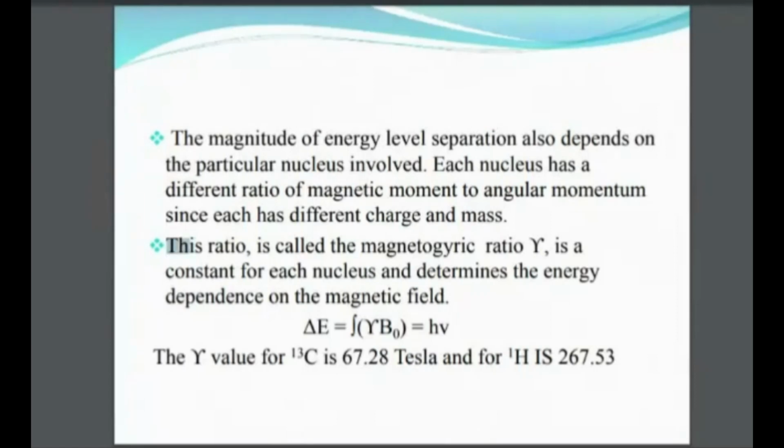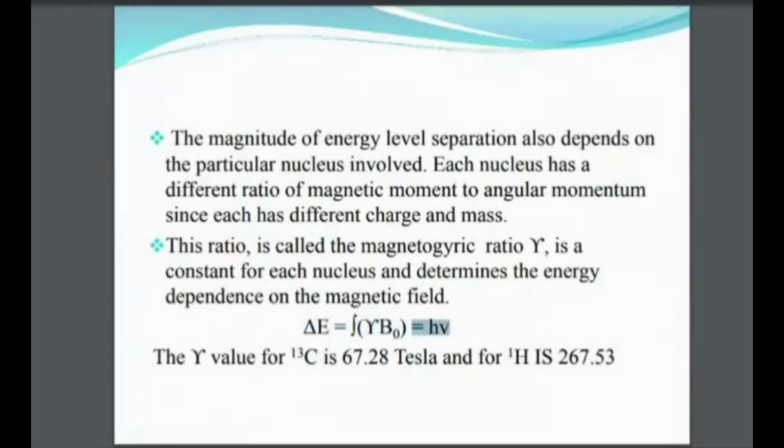When I say every nucleus, I mean to say element. This ratio is called the magnetogyric ratio, gamma. We have seen the definition of magnetogyric ratio. So gamma is a constant for each nucleus and determines the energy dependence on the magnetic field. Okay, so delta E is equal to h gamma B0 over 2 pi, which is equal to h nu.